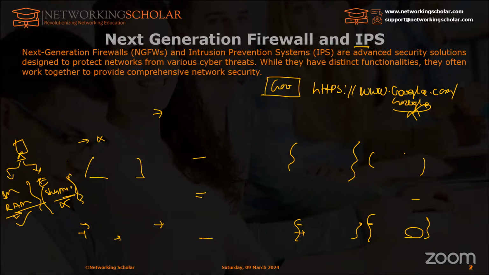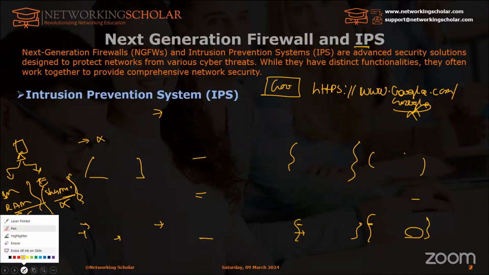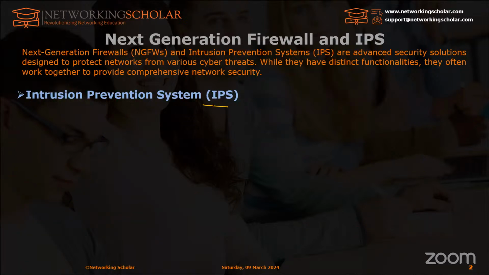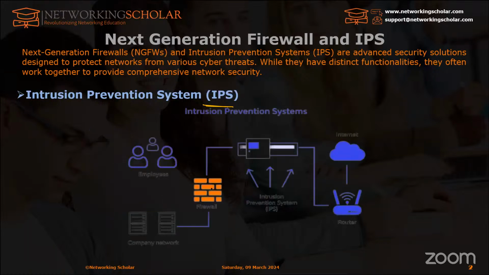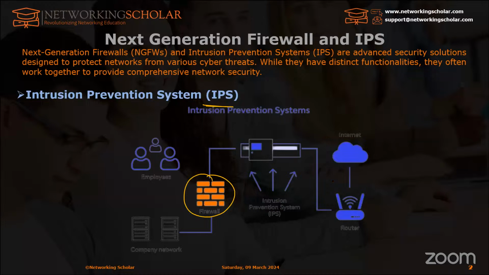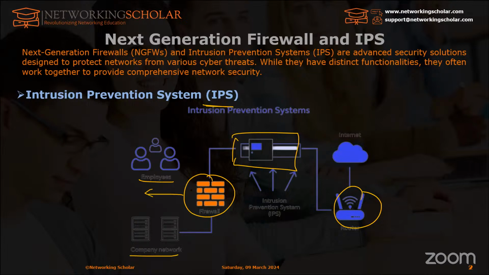Then there is the next generation intrusion prevention system, IPS. This is the subscription based feature in the next generation firewall. IPS will look like this: between your firewall and your router, there will be intrusion prevention devices. It can monitor your company employees' traffic, the company network, as well as other things like your server information, anything which is after your firewall. Suppose an employee is trying to go over the internet for surfing.